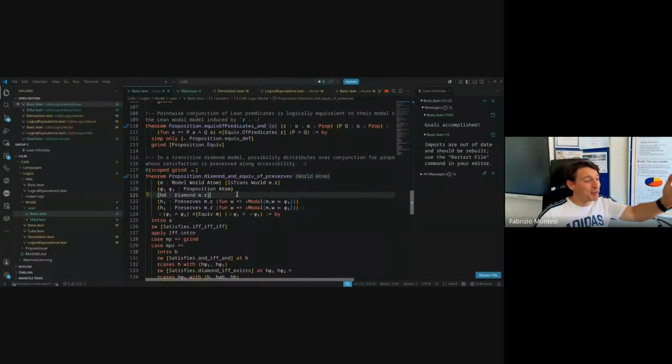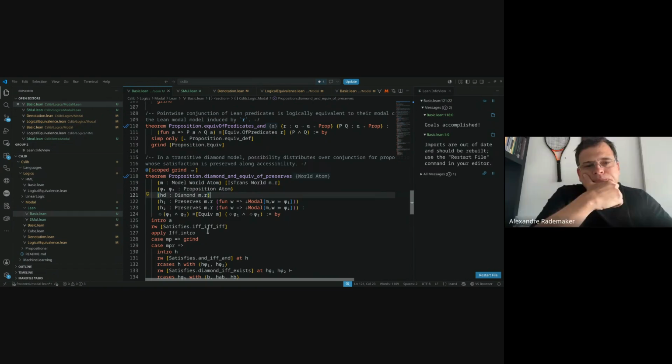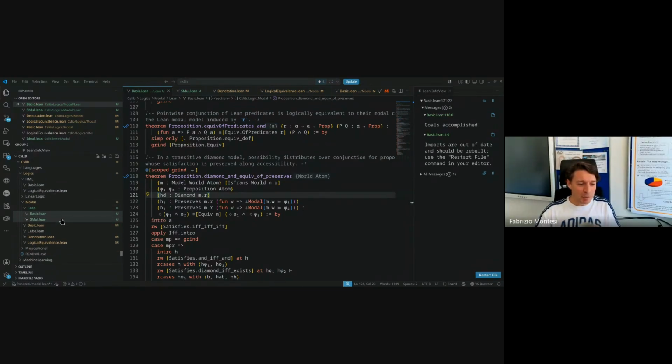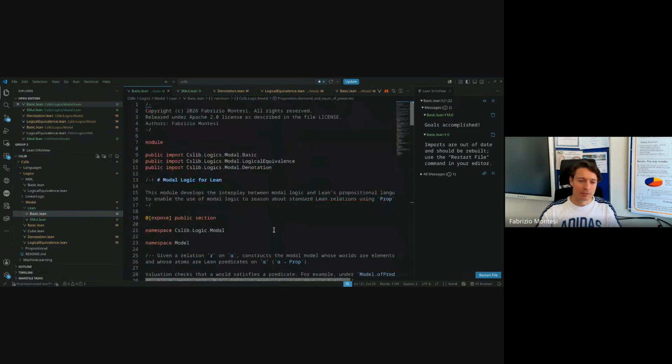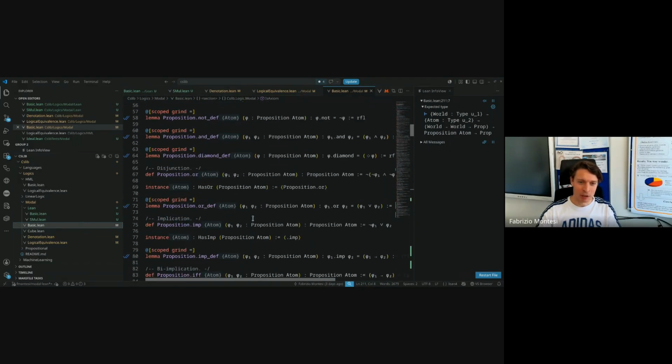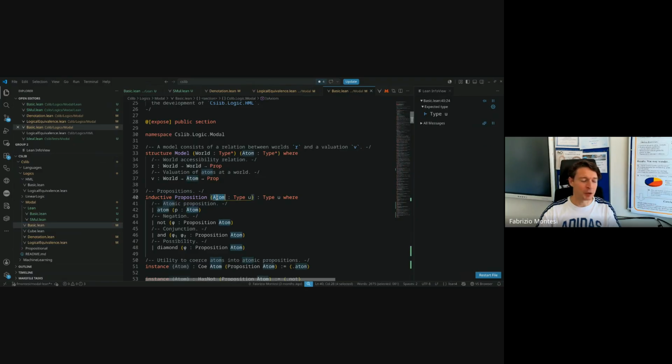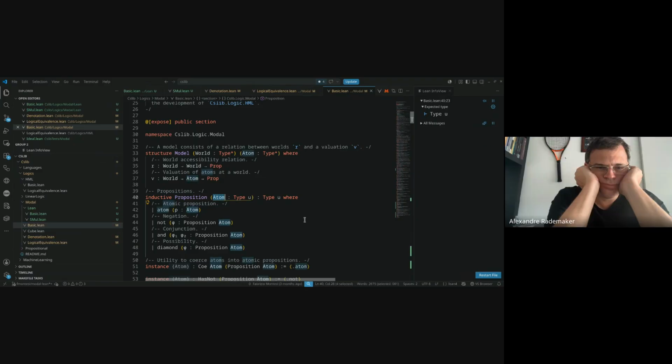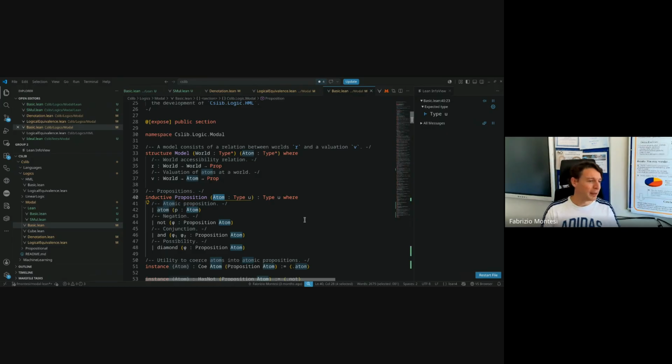So Alexander, you know modal logic, right? So I've been playing with modal logic, and it's parameterized over the type of atoms. On Monday or slightly before, I thought, what happens if I instantiate atom with Prop?